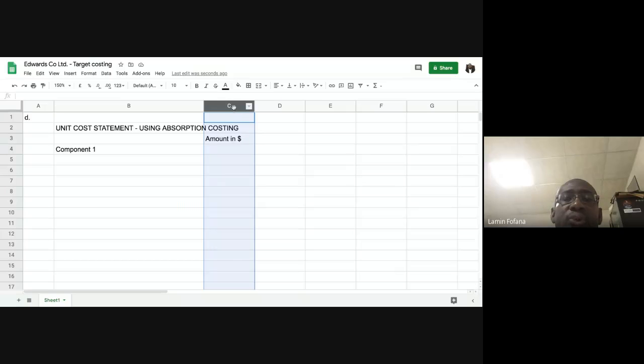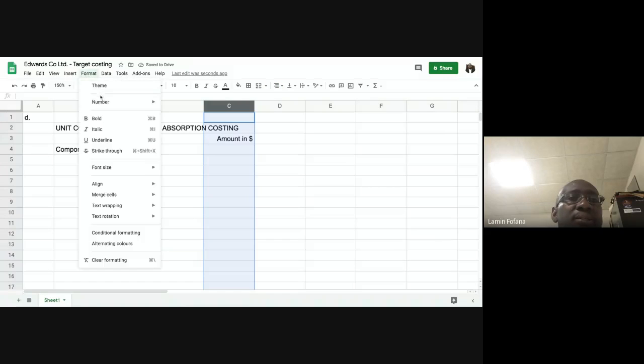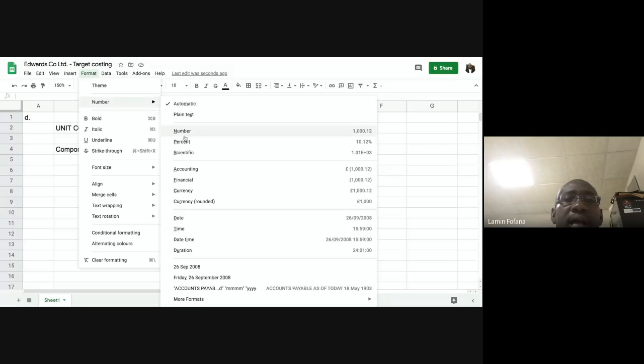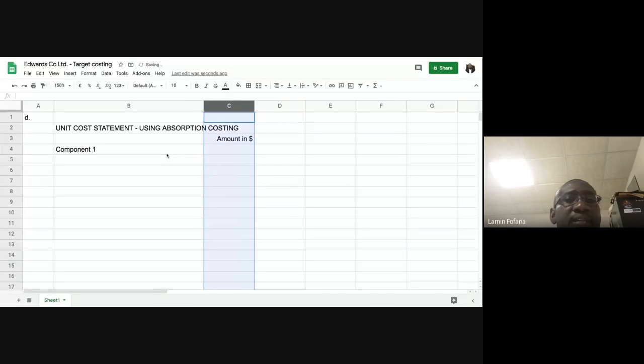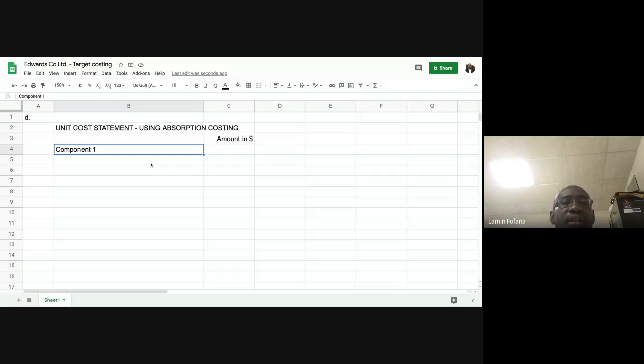To align it to the right, we click on the whole of column C, and then click on the alignment to the right. For the decimal, we go to format, number, and then we choose the number formatting. That will give us a 1,000 separator and 2 decimal places. So I choose that. Please take note of it. We're trying to kill 2 birds with 1 stone. We're going to learn our accounting stuff, and we're going to learn our spreadsheet stuff.